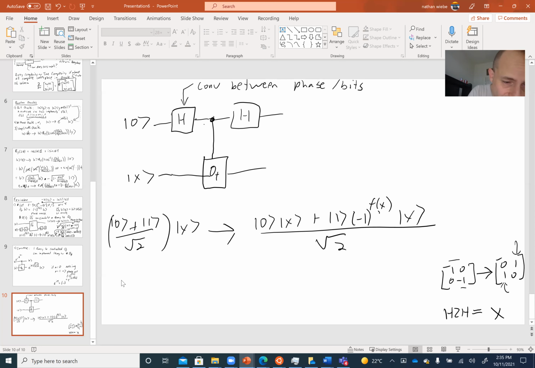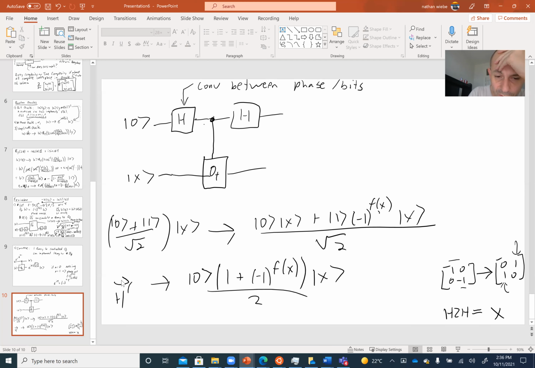Now the Hadamard, in the end, will cause us to go to |0> times (1 + (-1)^f(x))/2 |x> plus |1> times (1 - (-1)^f(x))/2 |x>.